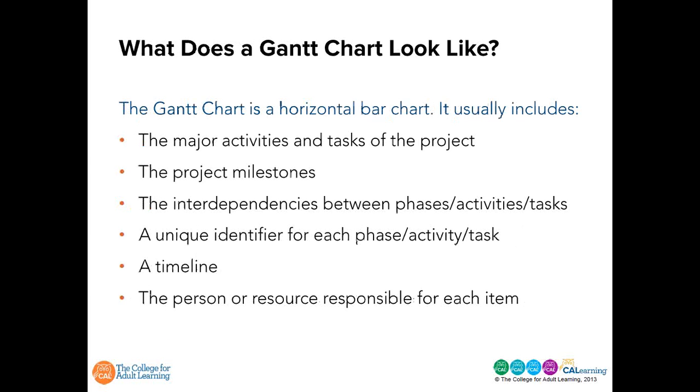Also, the Gantt chart usually includes the major activities and tasks of the project, the project milestones, and the interdependencies between phases, tasks and activities. It has a unique identifier for each phase, activity or task. It has a timeline and the person or resource responsible for each item.